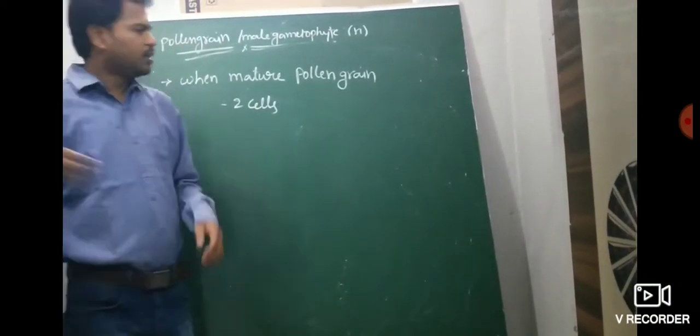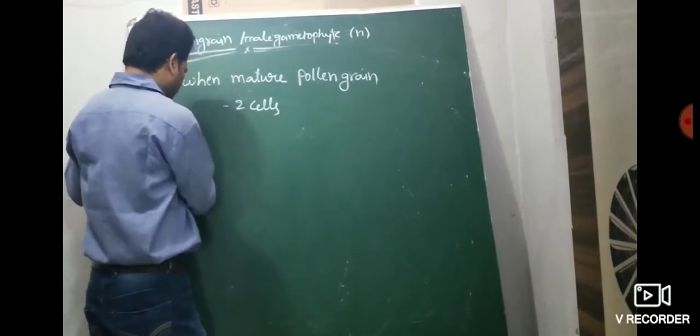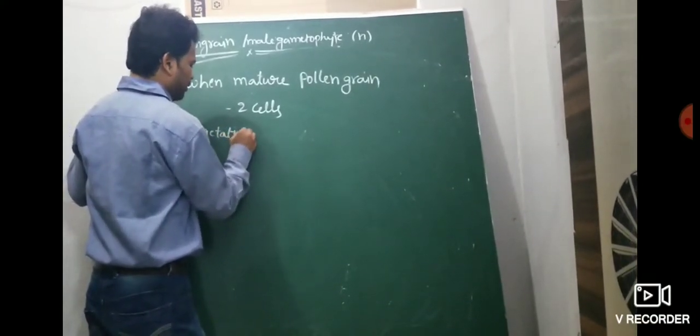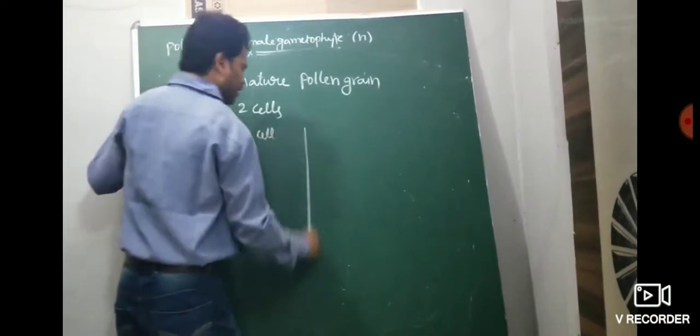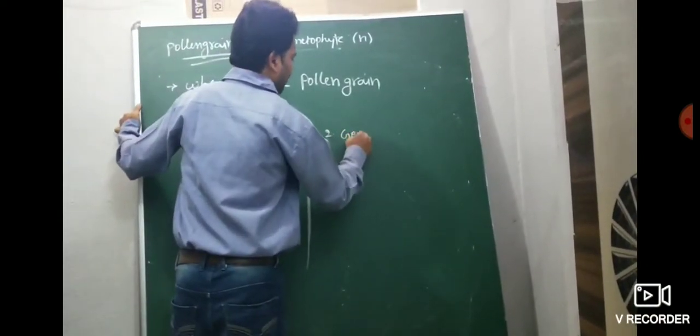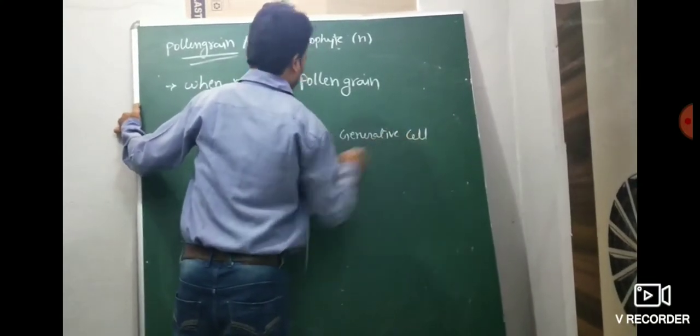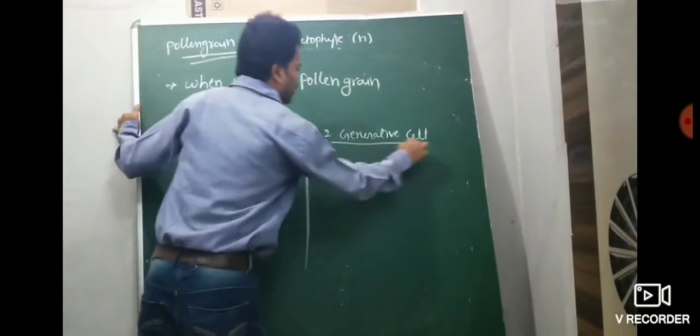First one is the vegetative cell. Second one is the generative cell.